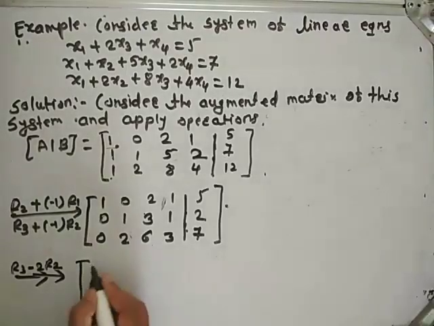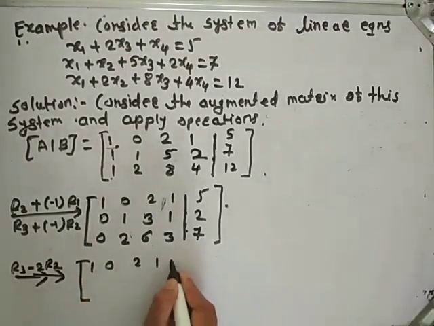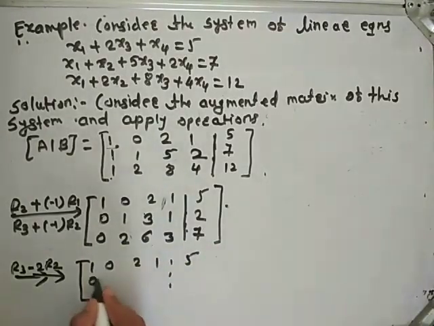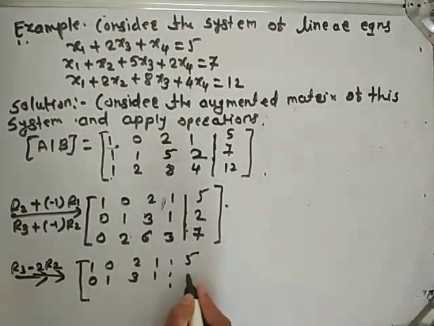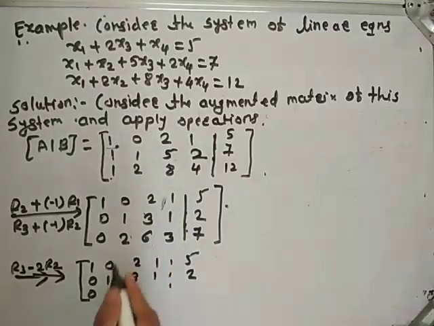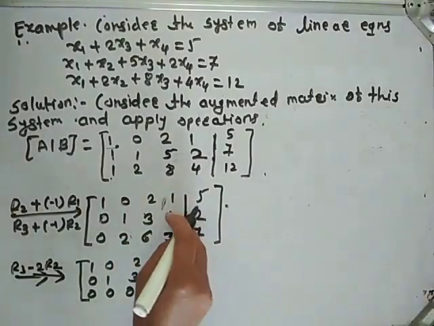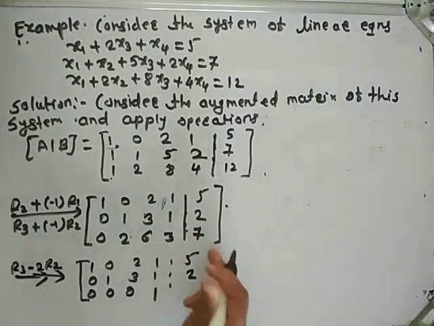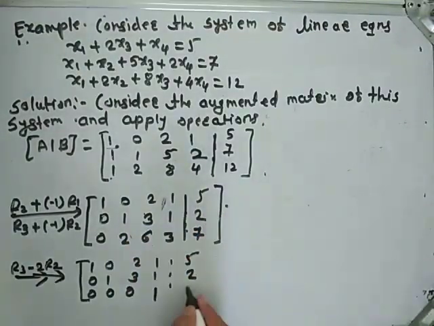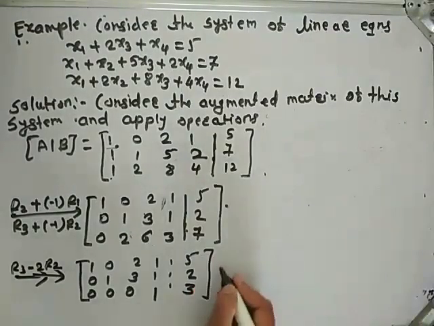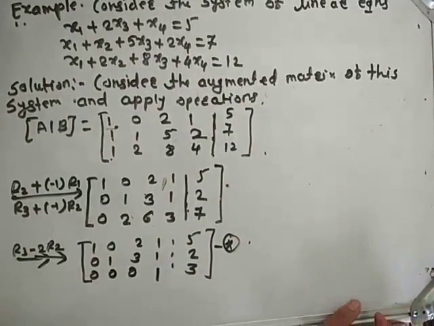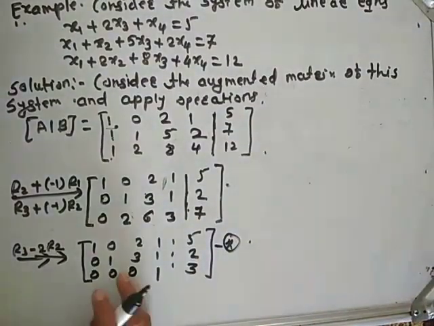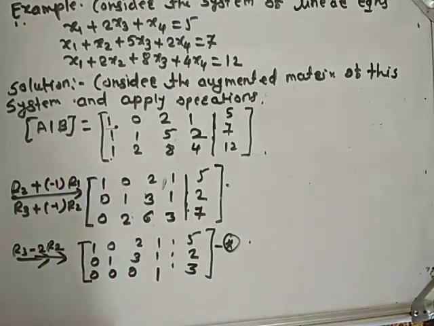So our matrix will become 1 0 2 1 5, 0 1 3 1 2, 0 0, 2 minus 2 is 0, 6 minus 6 is 0, 3 minus 2 is 1, 7 minus 4 is 3. Okay. Suppose we call this matrix star. This is the row echelon form of this augmented matrix.